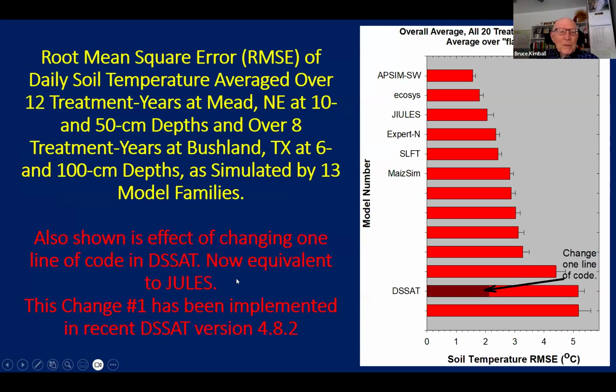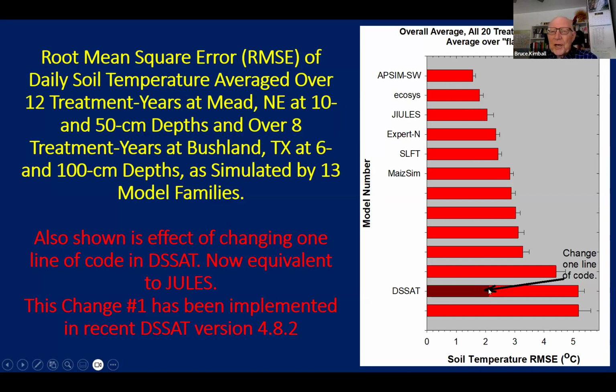And lo and behold, averaged over, this is that same graph I showed you before. And instead of having this huge error, the DISAT error dropped way down to this point here, just with that simple thing. And then if you look up here, lo and behold, it's doing as good as Joules, which is the full-blown energy balance one.